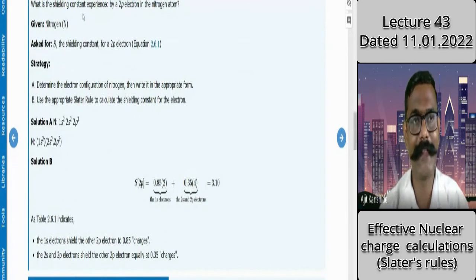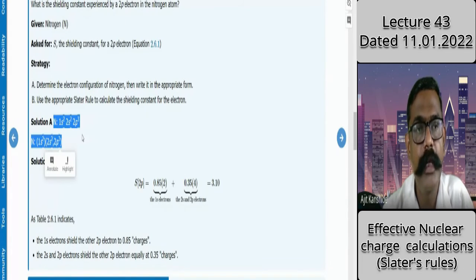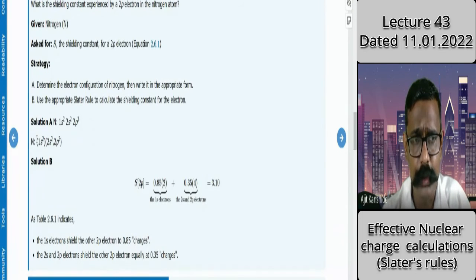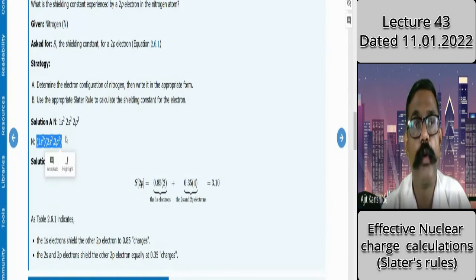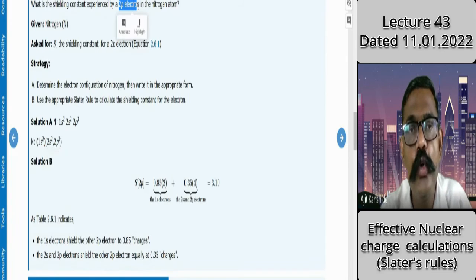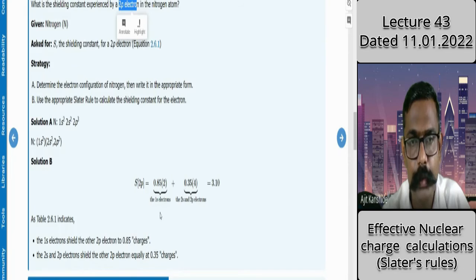Example 2.6.1. Here, the nitrogen atom electronic configuration is represented: 1s2, 2s2, 2p3. The second step, which is important, is grouping that electronic configuration: 1s2, 2s2, 2p3. What is our question? We want the shielding constant for a 2p electron in nitrogen. It is better if I show you on the whiteboard.